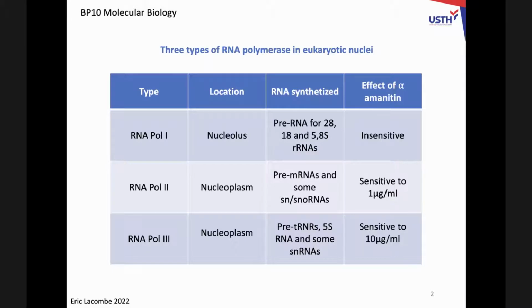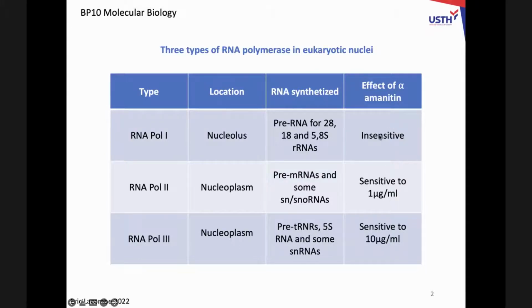There is a toxin which is called alpha-amanitin. It's coming from a deadly mushroom called Amanita phalloides. That mushroom contains this molecule, alpha-amanitin, and the target of this drug is RNA polymerase in general. But you see that they have different sensitivity to this drug.